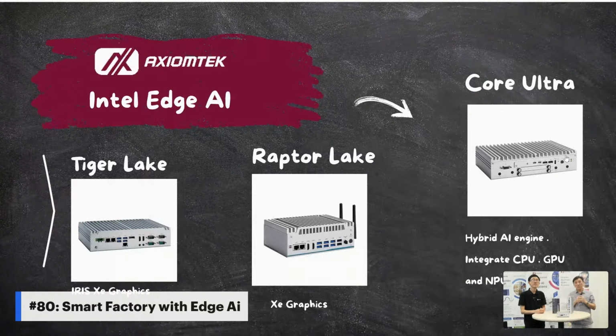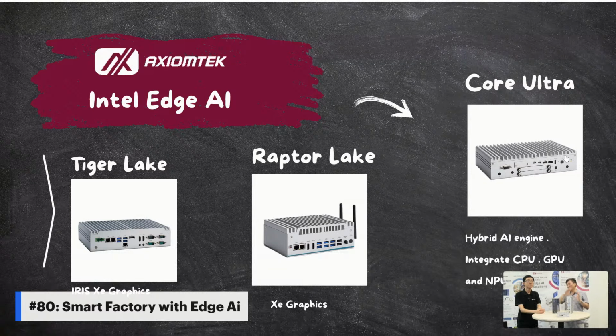So we come back to Intel Edge AI. As far as manufacturing is concerned, there are so many applications where you can apply this. I segregate them based on the journey that the different series have gone through.